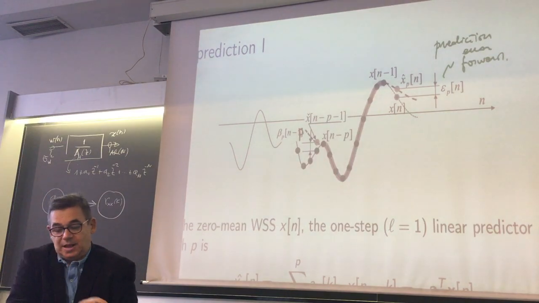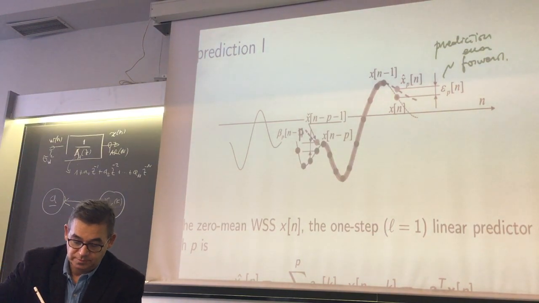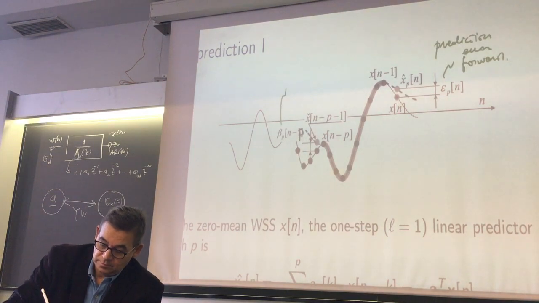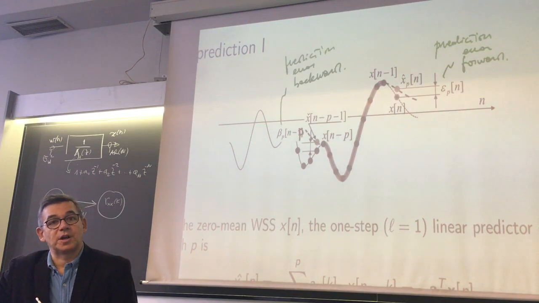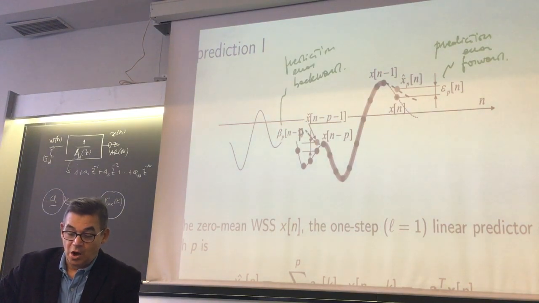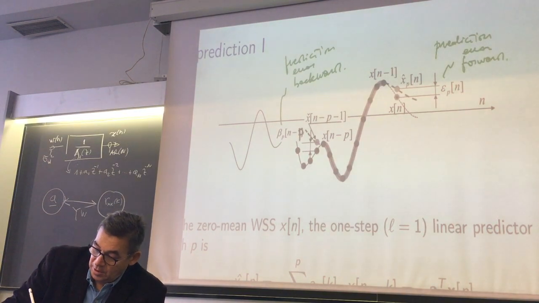This beta is the backward prediction error.